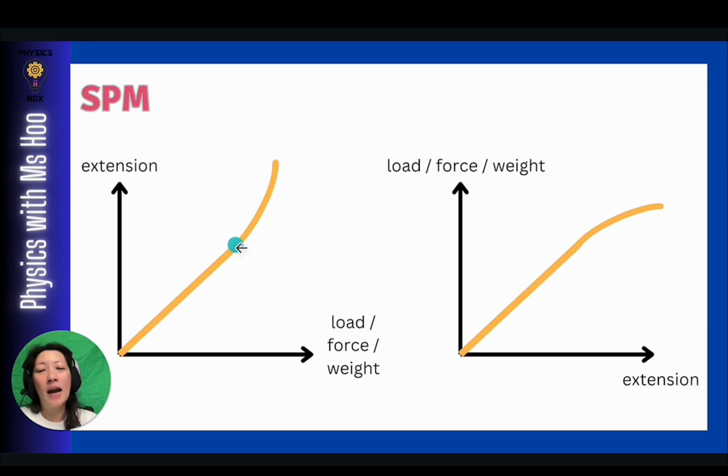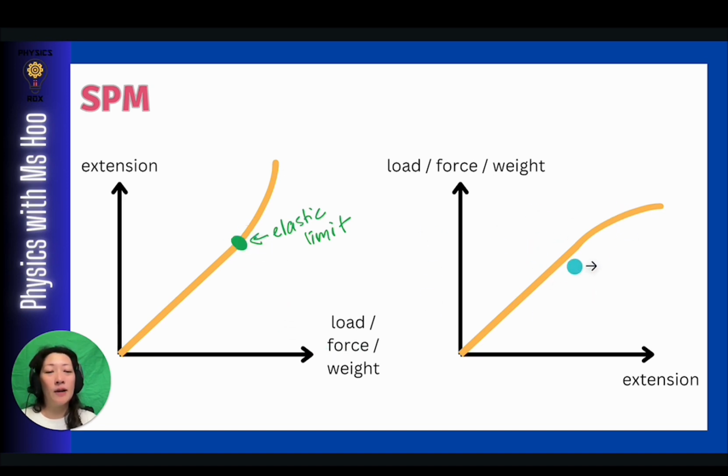So look for the highest point where the graph is still linear and mark that point. That point is the elastic limit of this graph. So you can see how Hooke's law is very true in this case. The extension is directly proportional to the force up to the elastic limit.